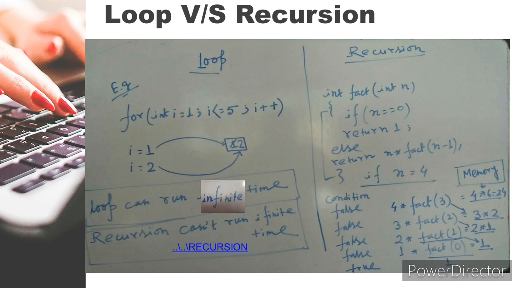But if I implement the same logic in recursion, we'll get a stack overflow. Because each and every time it generates fresh memory, the full set of memory will be occupied and it will show no memory space. So we will get stack out of bound.